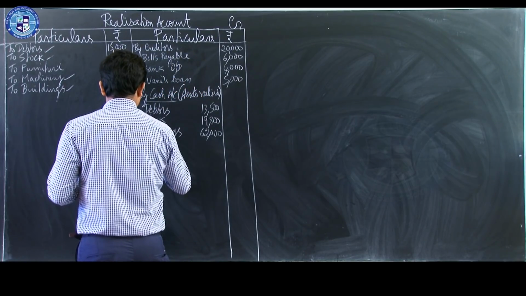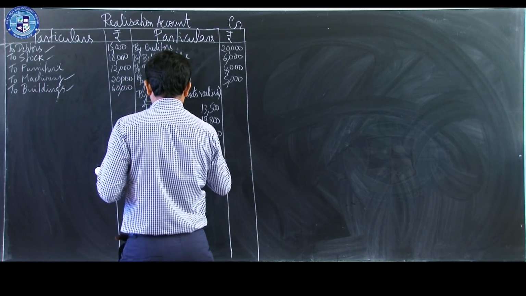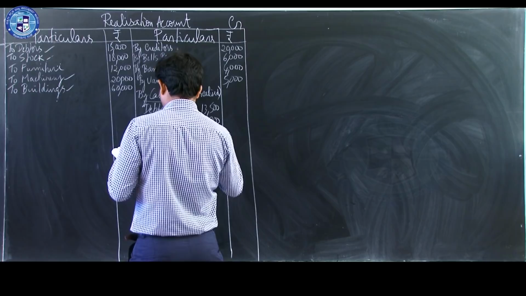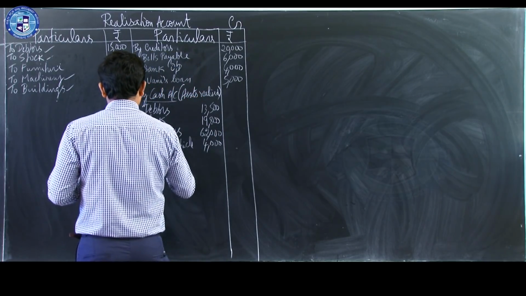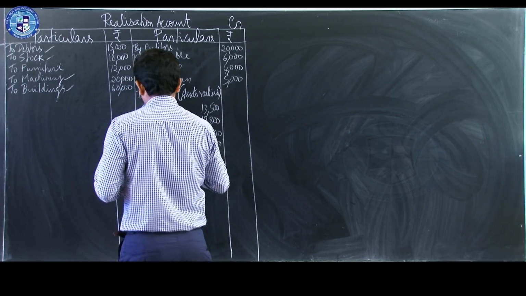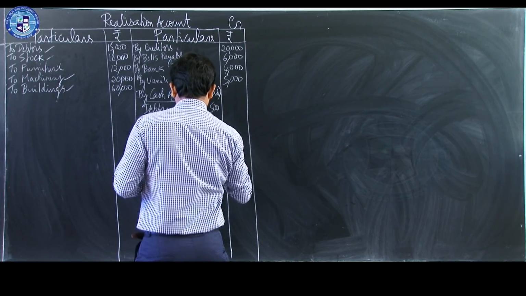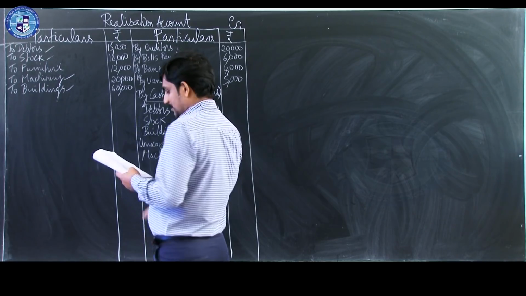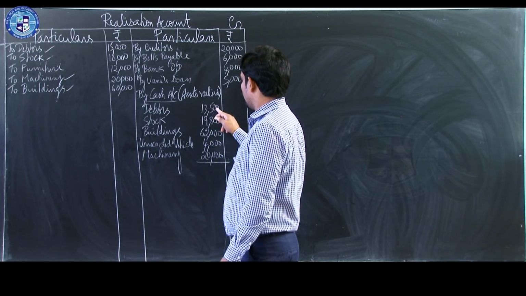Unrecorded vehicle, this is the additional one which is not recorded in the books of account, that is 4,000. Then machinery realized at book value. Book value means balance sheet value. How much is there? Balance sheet 20,000.